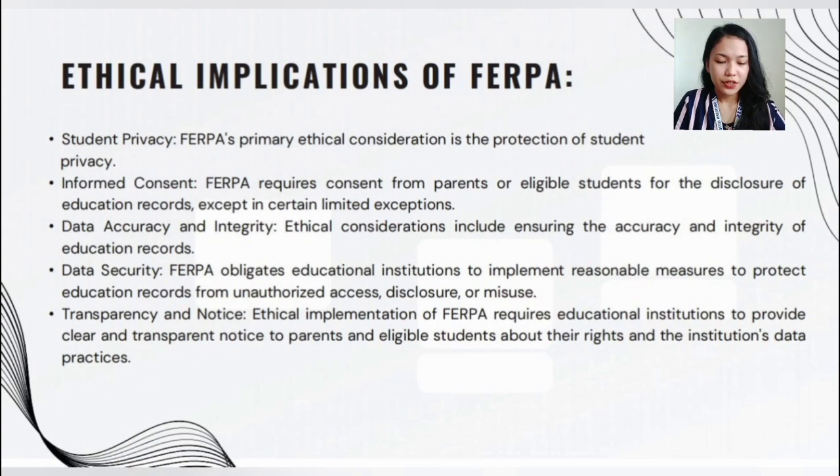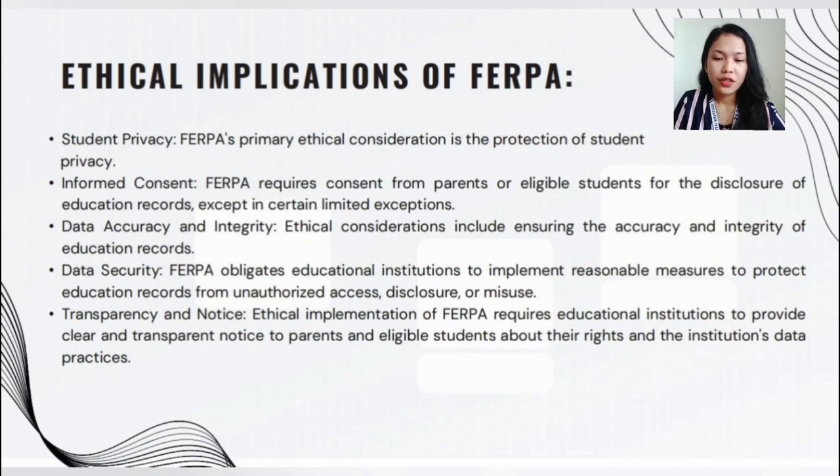Ethical considerations include ensuring the accuracy and integrity of education records. FERPA mandates that educational institutions implement reasonable security measures to protect student records. However, data breaches and security incidents remain a significant concern in the digital age.